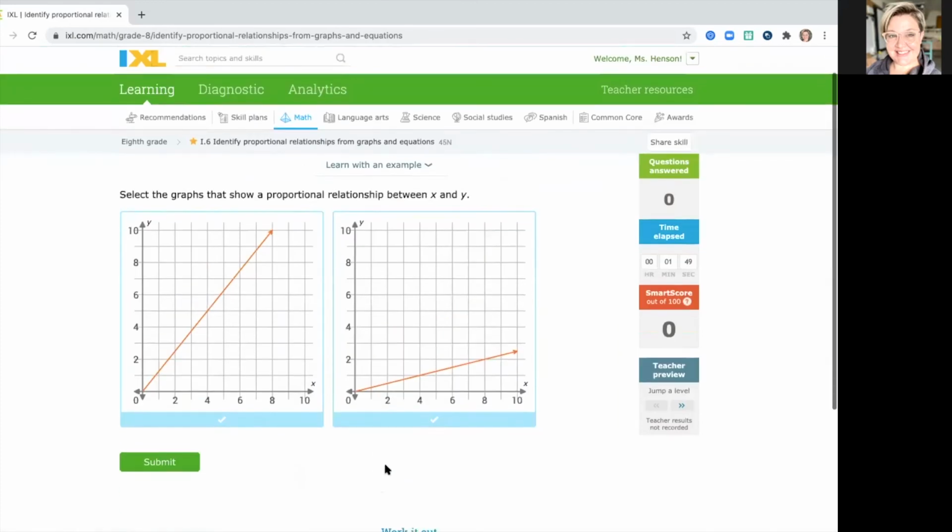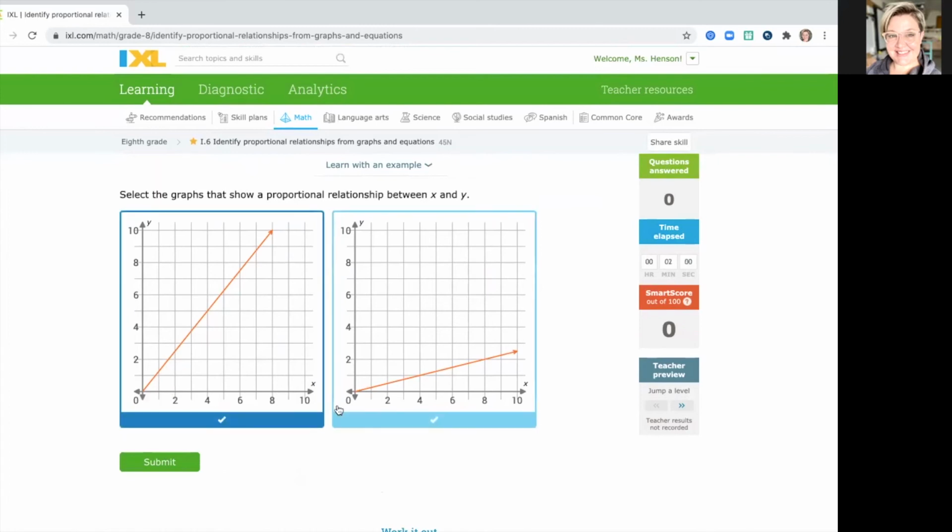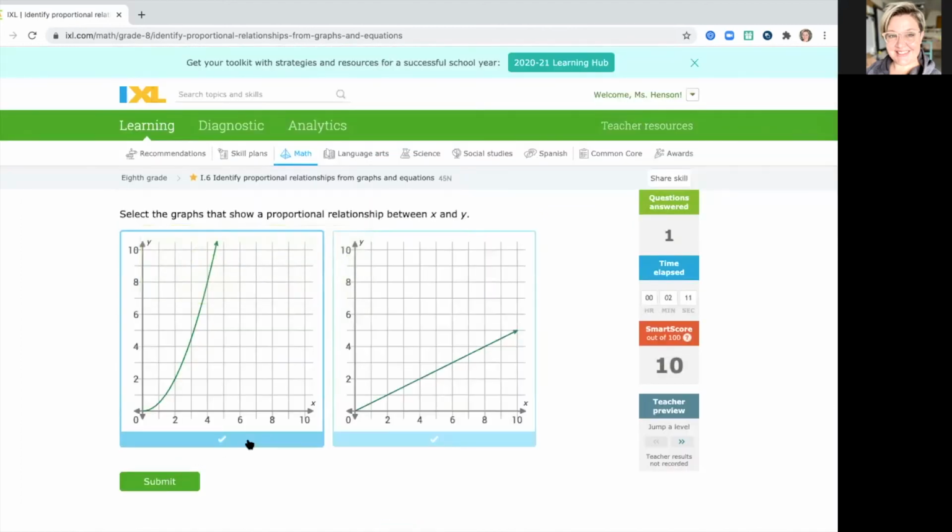So when we go to do our work, we're going to say, is it a straight line? Yes. Does it pass through the origin 0, 0? Yes. Is this a straight line? Yes, even though it is a smaller angle and it passes through 0, 0. Here we go.